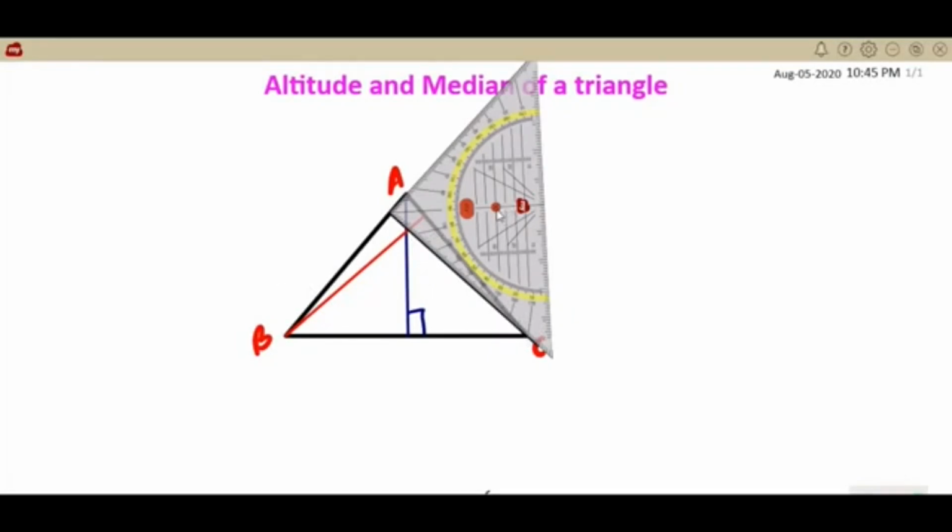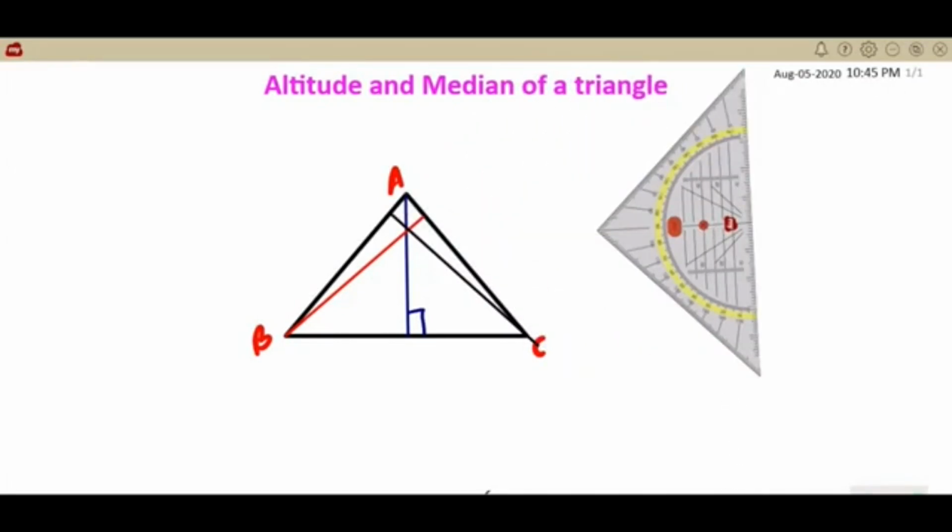The point here is that when we have drawn all 3 altitudes, all these 3 altitudes meet at a point. That point is named the Orthocenter. This is one of the points you should keep in mind.